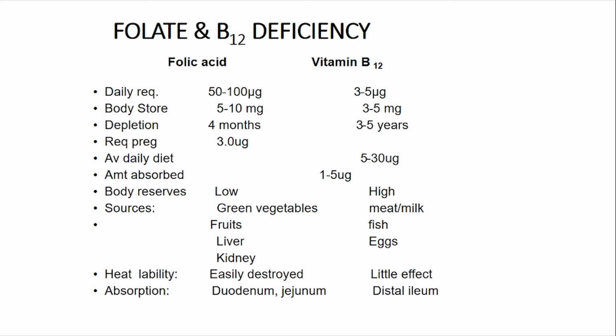The sources of folic acid include green vegetables, fruits, liver, and kidney. Folic acid is easily destroyed, so people that cook food to excess can have their folic acid destroyed in the food. And also, absorption is from the duodenum and jejunum.